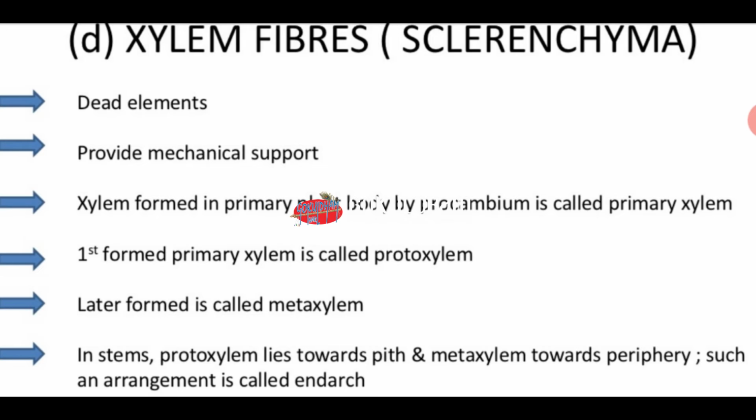Means जो xylem होती है वो प्राइमरी मेरिस्टेम या तो प्रोकैम्बियम से बनी होती है, उसे हम प्राइमरी xylem बोलते हैं. The first formed primary xylem is called protoxylem. मीन्स जो फर्स्टली प्रोड्यूस होती है जो xylem उसको हम बोलेंगे प्रोटोxylem, एंड लेटर जो xylem प्रोड्यूस होती है उसे हम बोलेंगे मेटाxylem.